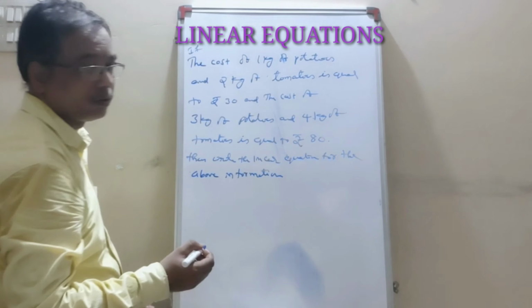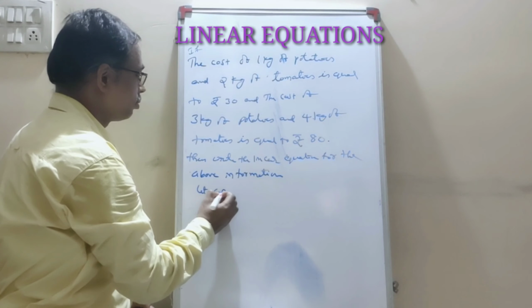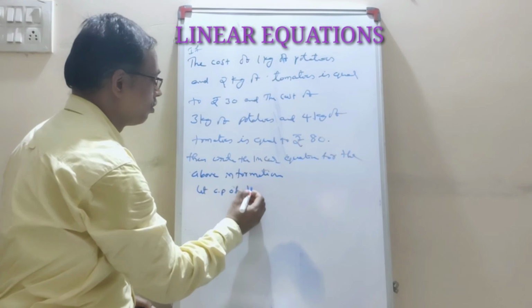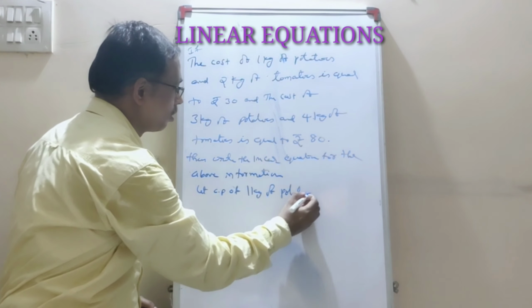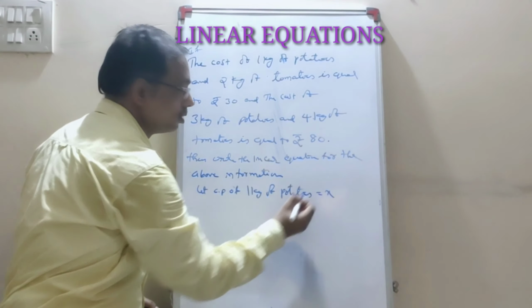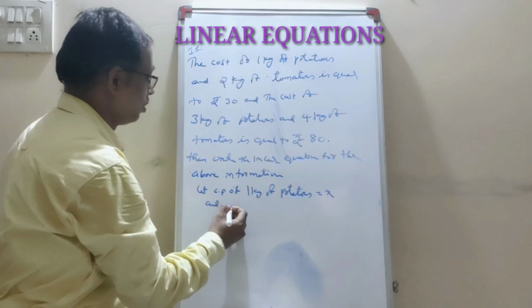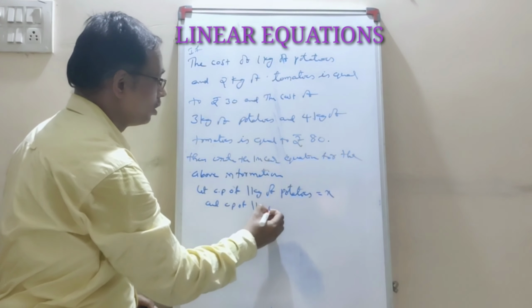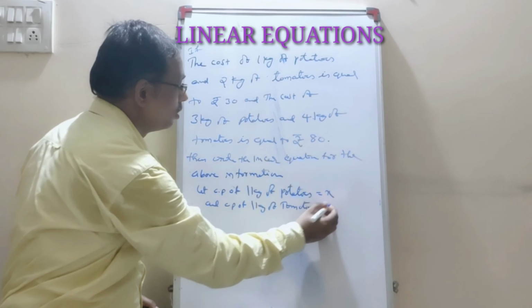Okay. So first of all, let us suppose the cost price of 1 kg of potatoes be x rupees, and the cost price of 1 kg of tomatoes be y rupees.